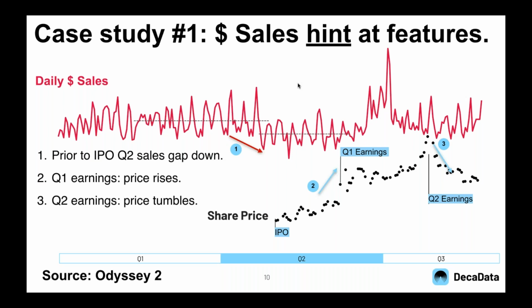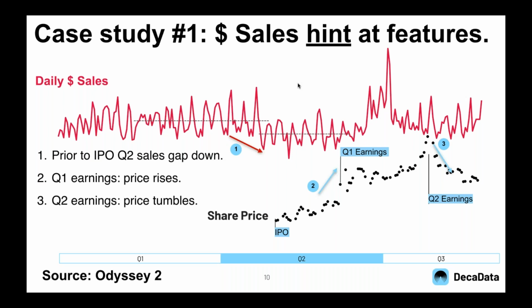Q1 earnings take place towards the end of Q2, and the share price tracks up again. Then towards mid Q3, the Q2 earnings take place, and after this, share price starts to move down, and since then we know that the share price has also lost further gains.